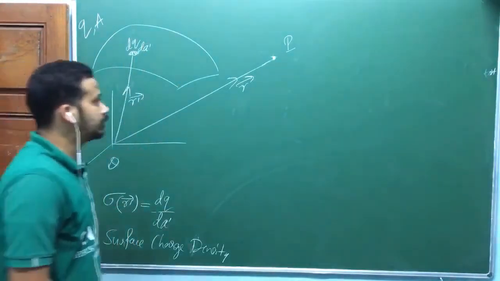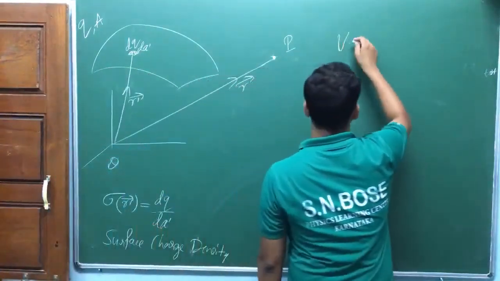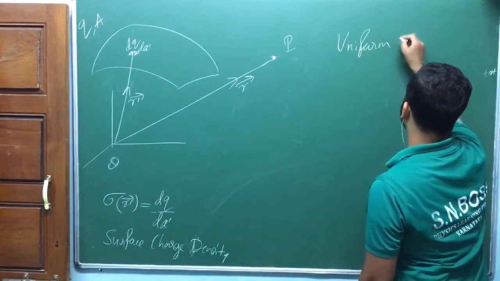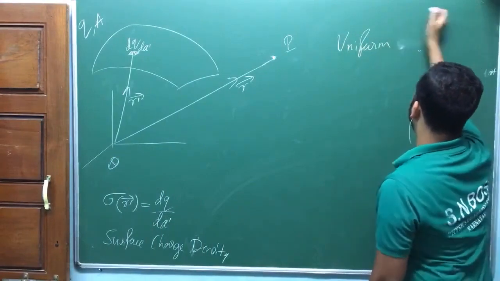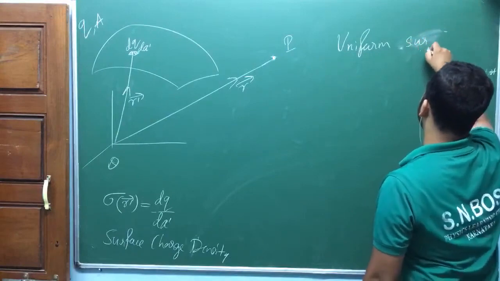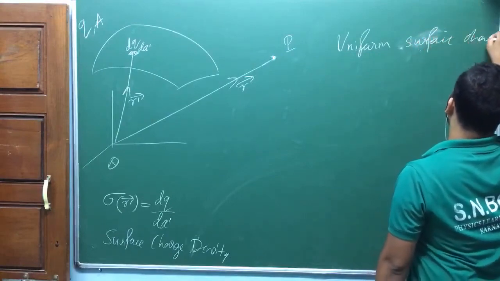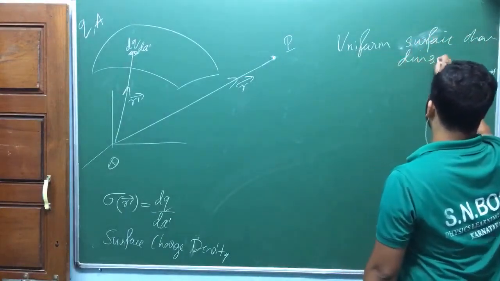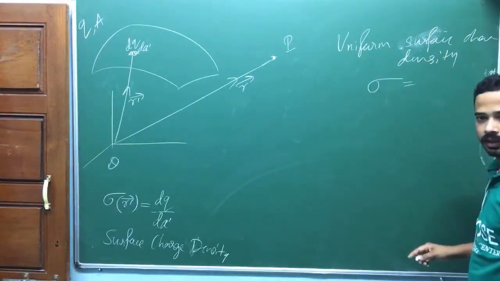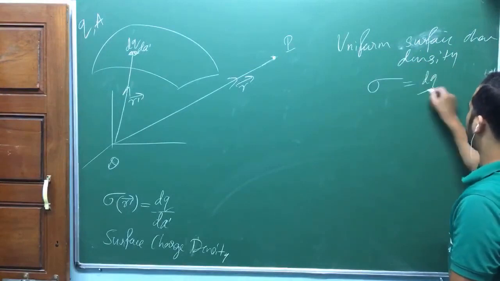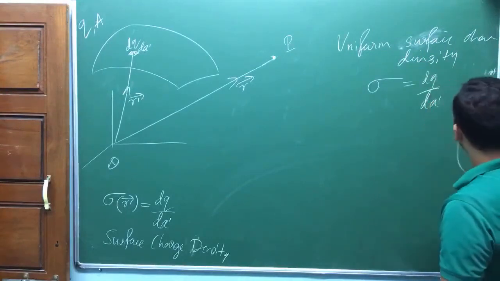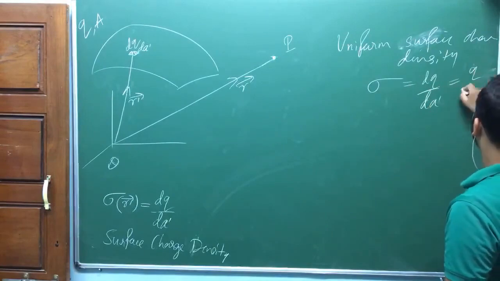If the surface charge density is uniform, let me write uniform surface charge density, in that case you can write this sigma as dq divided by dA prime, or you can write total charge divided by total area.